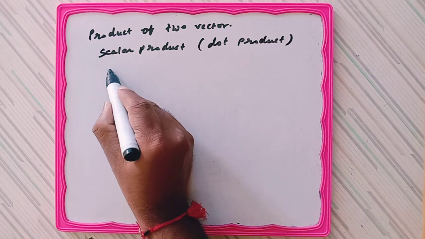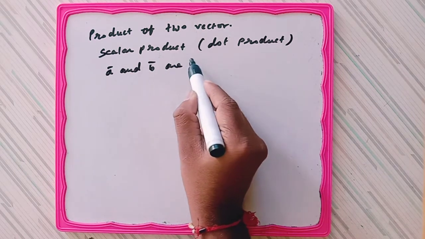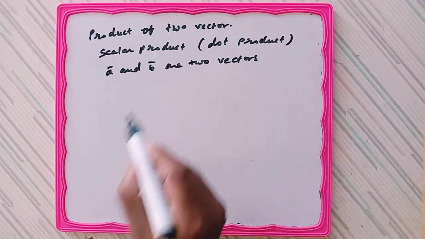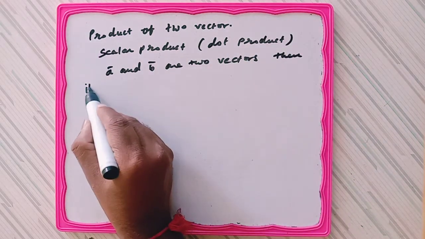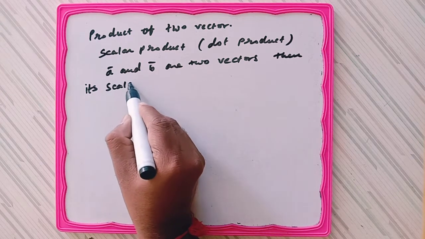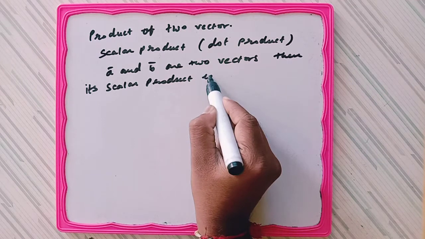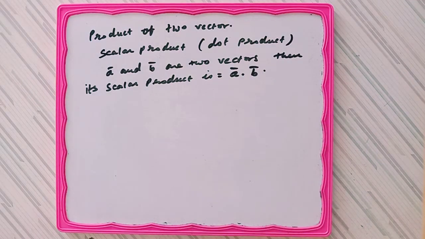So if A bar and B bar are two vectors, then its scalar product is defined by A bar dot B bar.